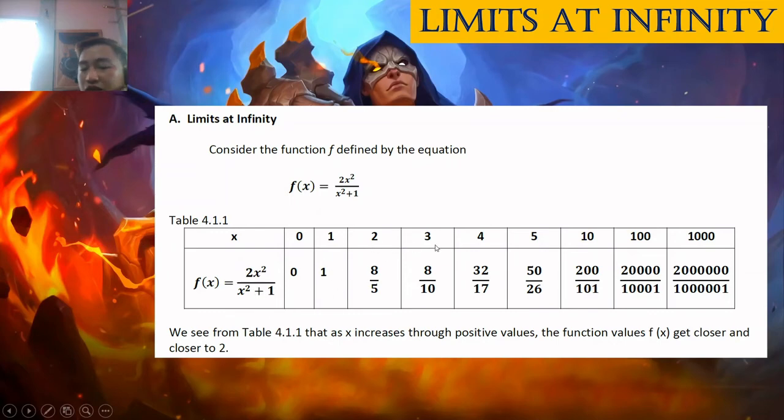As the values go toward 1000 and you divide, you get 1.99, so the function values f of x get closer and closer to 2.